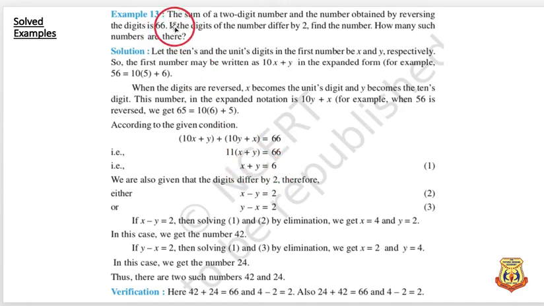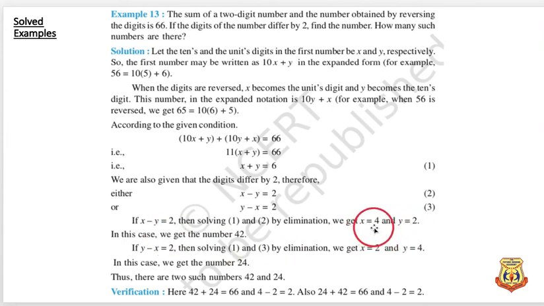Now for the second equation: if the digits of the number differ by 2, differ means subtraction, right? The difference. So either x minus y is equal to 2, or we can write y minus x is equal to 2, any one. So if x minus y is equal to 2, then solving 1 and 2, 1 means this one and 2 means this one, by elimination, one method we have already discussed, we get x is equal to 4, y is equal to 2.